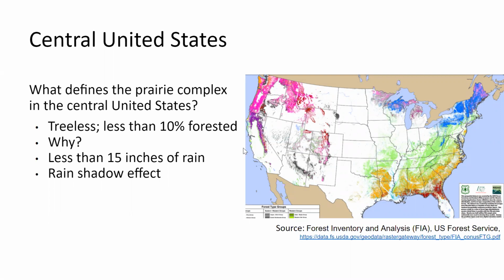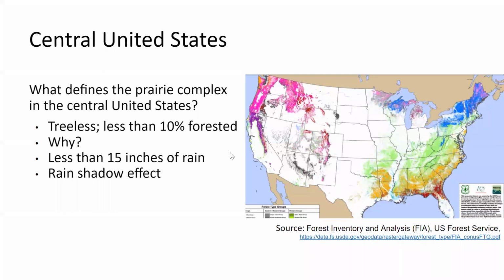You actually see this pattern repeated all over the world in interior continental areas, where a lot of the rain pulls into and drops over the coastal areas, especially associated with mountains. And then on the interior of those continents, it tends to be very dry. We certainly see that in Australia and also the Asian continent.